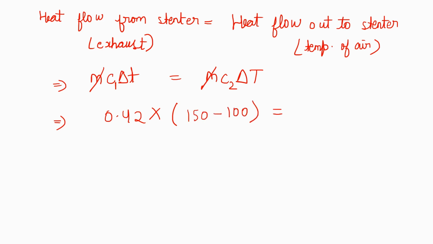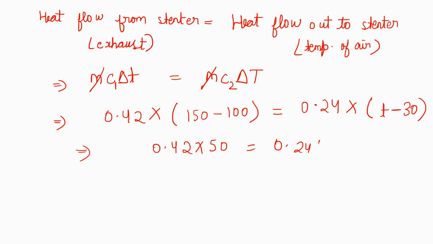For the air, c2 is given as 0.24, and delta T is the final temperature T minus the ambient temperature, which is given as 30. So 0.42 into 50 is equal to 0.24 times T minus 30.